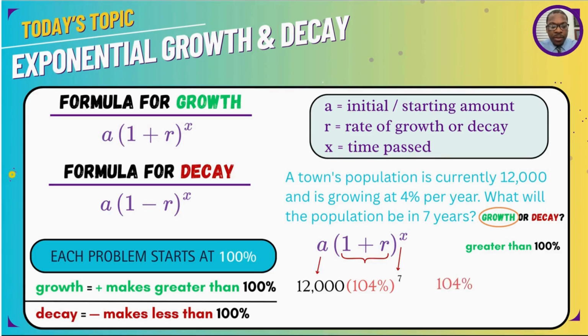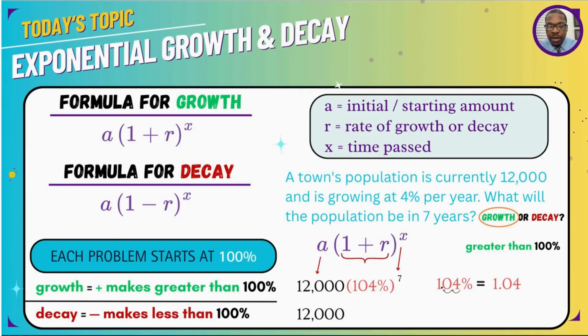Now, one thing of note is you do have to convert your percentage to a decimal. So 104%, if we convert it to a decimal, is going to be 1.04. And how do we convert things to decimals? We simply move our decimal point 2 spaces back, and that lets us know how to convert from a percent to a decimal.